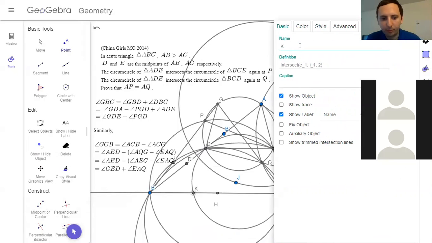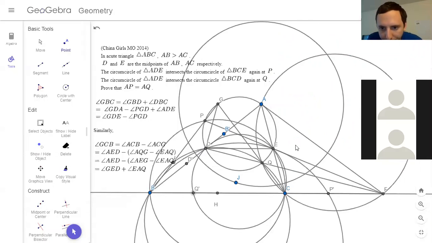And then we want to show P prime equals Q prime. It looks like these are both isosceles trapezoids, right? Yes. They have to be because those are parallel and they're cyclic. So how do we show that AP prime equals AQ prime?